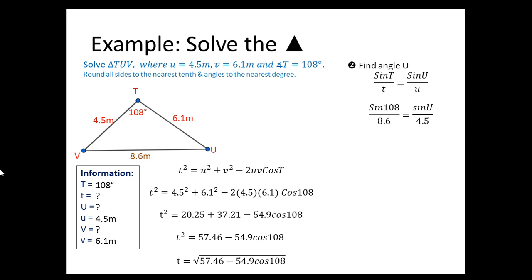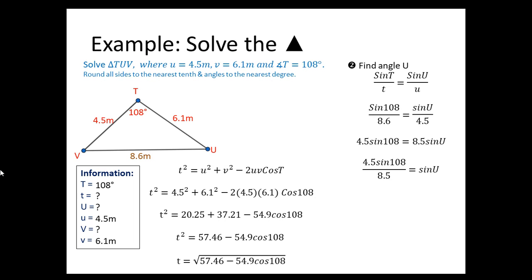Now let's cross multiply. We have 4.5 times sine 108 equals 8.6 times sine u. 4.5 sine 108 divided by 8.6 is equal to sine u.